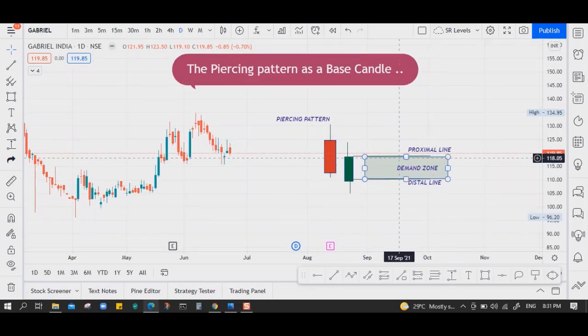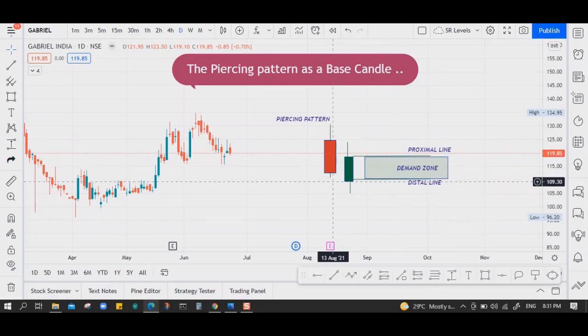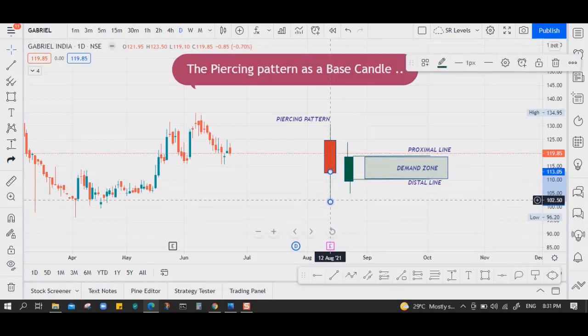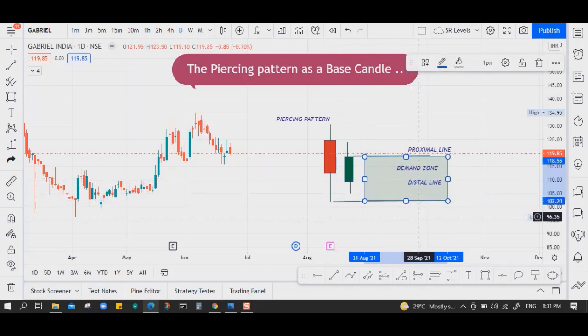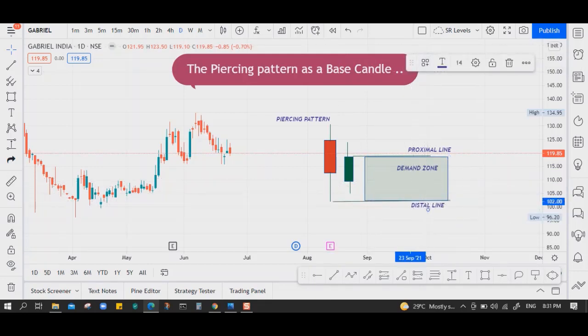It means if the bearish candle wick is below the wick of the bullish candle, let's say like this, then you draw a zone here. So this will become your demand zone, and this will be your distal line.